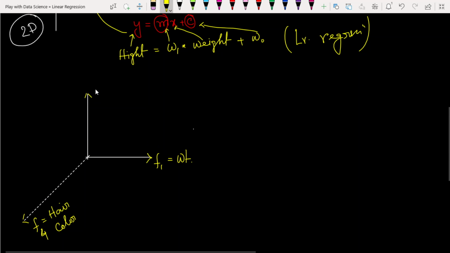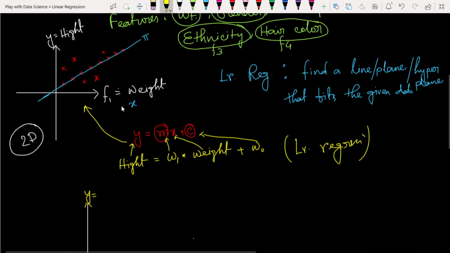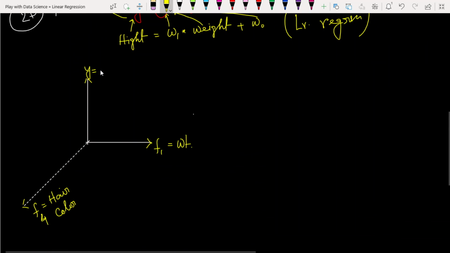And in this direction we have our dependent variable, that is y. That is, we have to predict the height. Okay. So here we have two features in this 3D space.